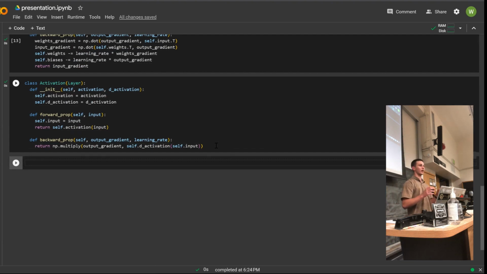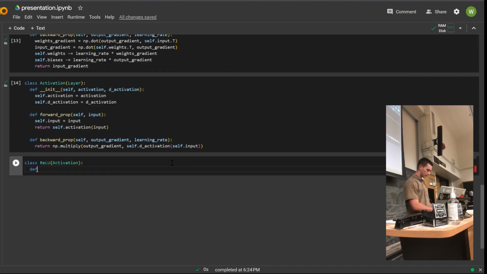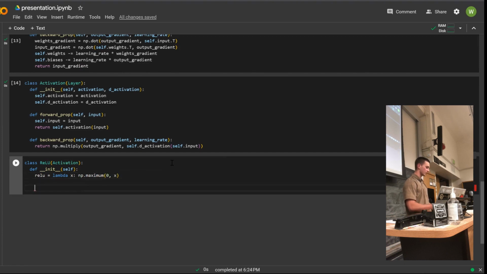Now we want to specify our actual activation functions. Remember, we defined ReLU, which was the horizontal line for negative values, and y equals x for positive values. So we can go ahead and create that. And you have to use np.maximum here instead of np.max, because np.max gives you the maximum value in the np array.